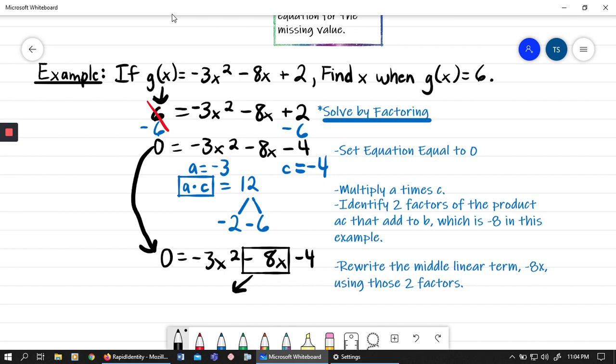We're going to split it up. So we've got -3x squared still, and this time it's going to say -2x and negative 6x.